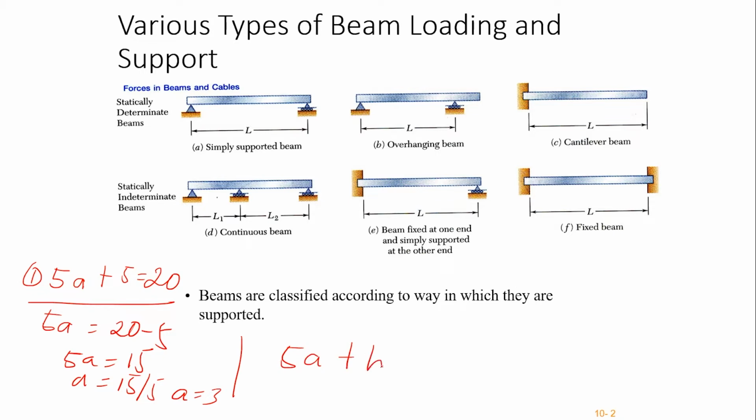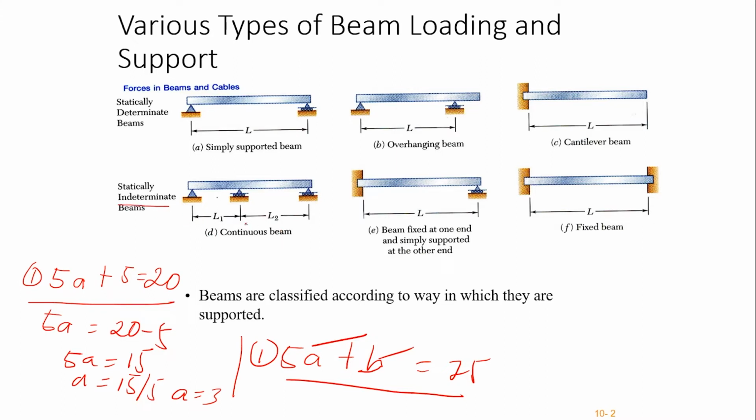Pero the other story is this: 5a plus b equals 25. Can you solve this given equation? Only this. You cannot solve this because we have only one equation, but we have two unknowns. And that is exactly what is happening in these statically indeterminate beams.